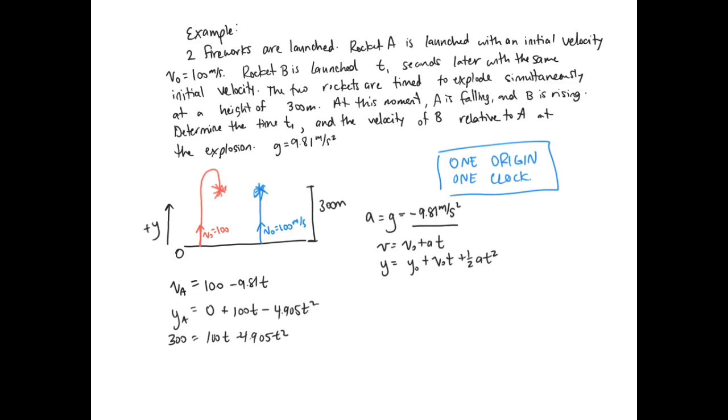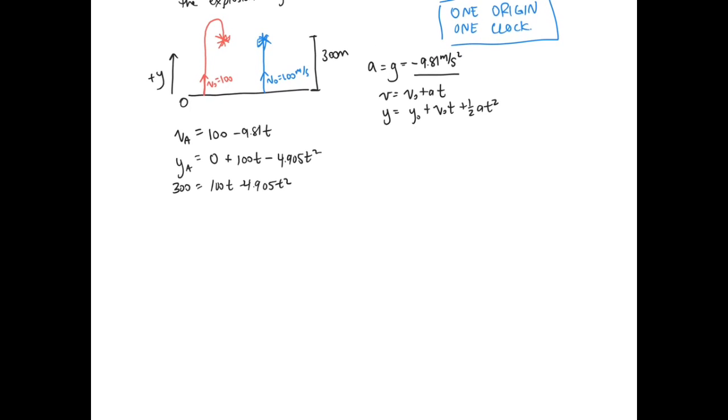In this case, we'll use the quadratic equation. I'm going to move this upwards. So now we have the quadratic equation, which in case you don't remember is minus b plus or minus the square root of b squared minus 4ac, divided by 2a. From here we end up with t equal to 16.7 seconds and 3.65 seconds.